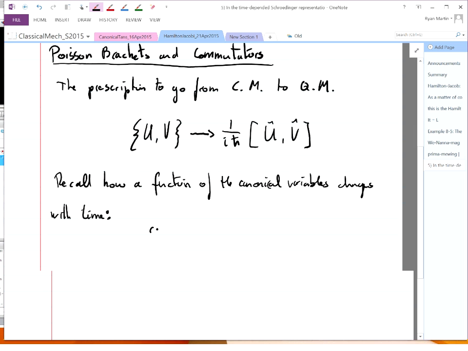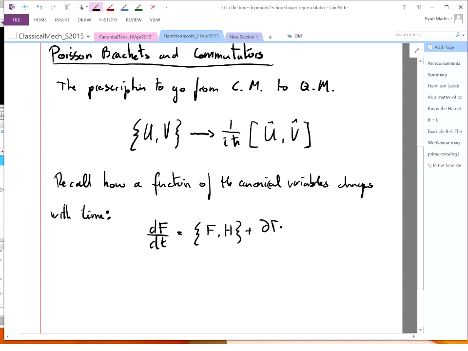If you do df by dt, you find that simply by taking the Poisson bracket of f with the Hamiltonian, and then if f depended explicitly on time, you'd have to add in a partial df by dt. Let's say f is a function of position.